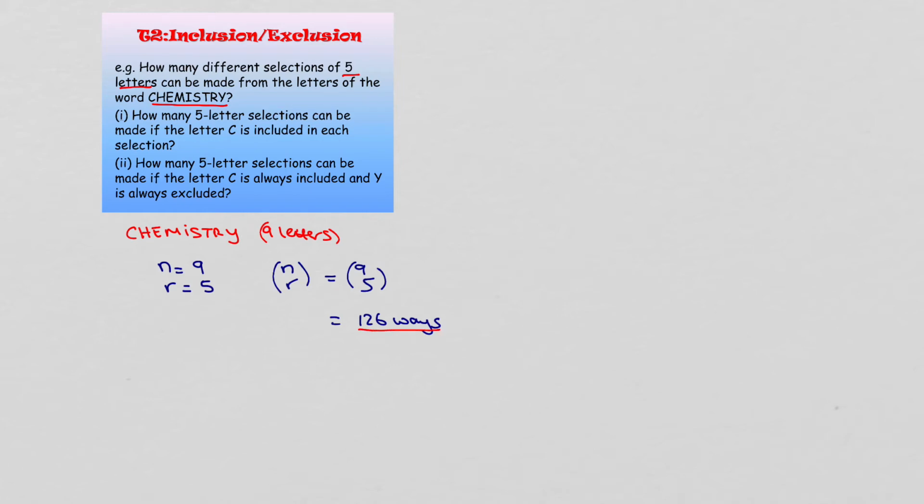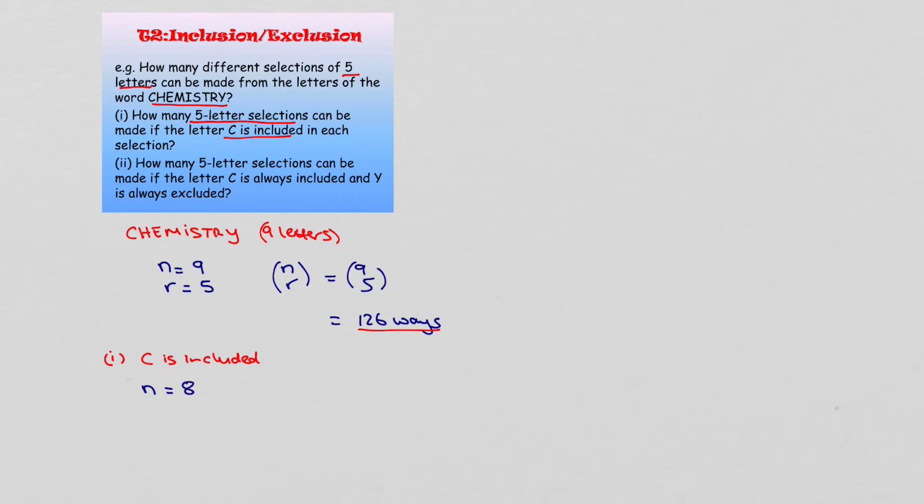It then asks: what happens if we have to make a 5-letter selection where C is included in each of the selections? C is included, so the total number of letters we're now selecting from is 8.